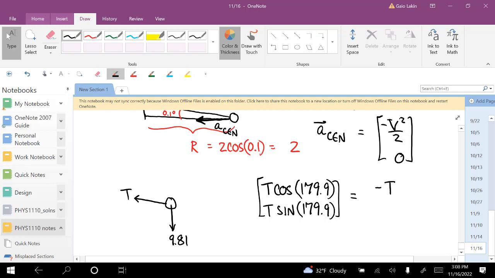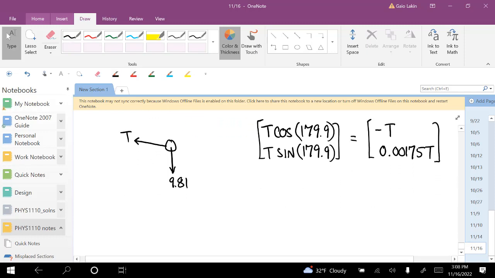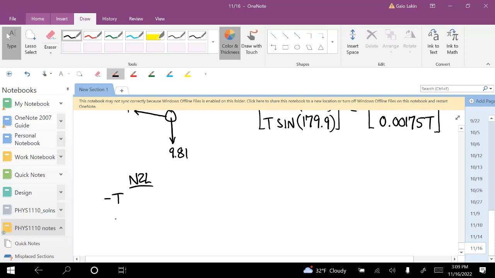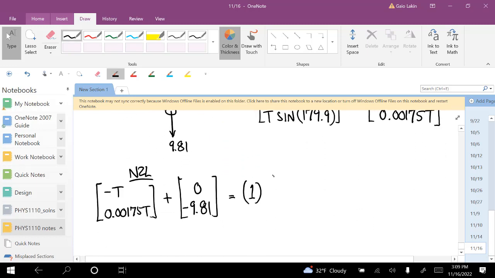And then for y, it's positive 0.00175 T. So Newton's second law, we have this force vector from the cable, negative T, positive 0.00175 T, plus 0, negative 9.81, is equal to the mass times the acceleration, which was negative v squared over 2 for x, 0 for y.